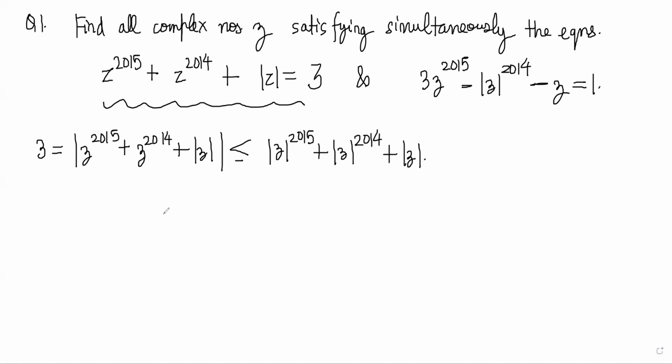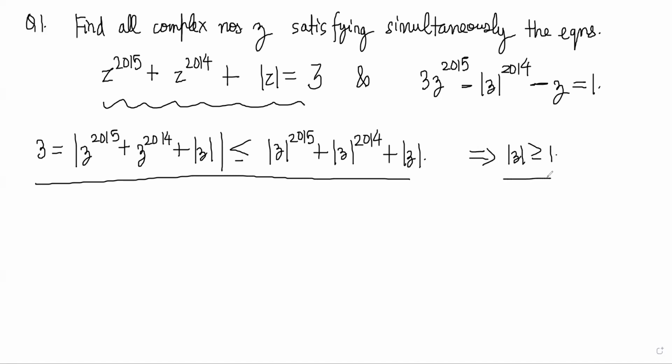So we are getting this result. So this result implies that mod of z is greater than or equal to 1. Why? Because if mod of z is less than 1, then all the terms are less than 1 here, and the whole thing will be less than 3. So 3 cannot be less than or equal to 3. Right? So this automatically implies that mod z is greater than or equal to 1.